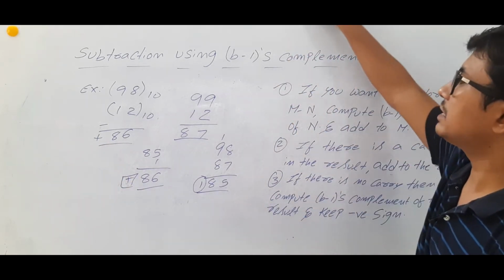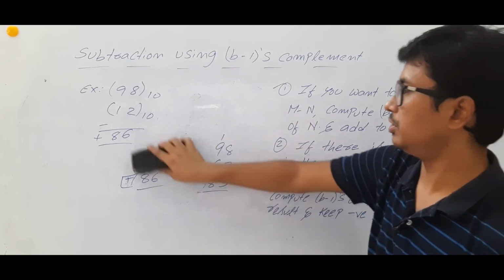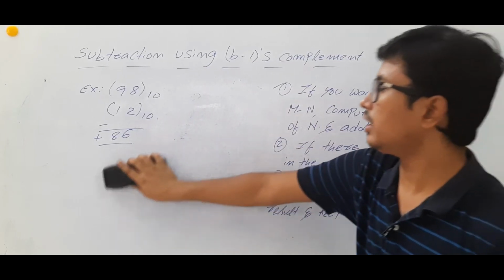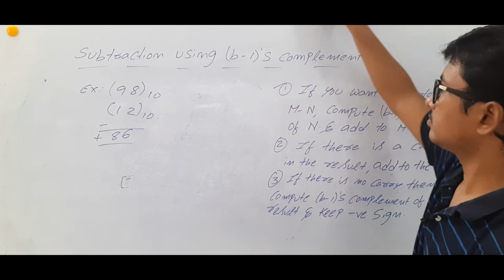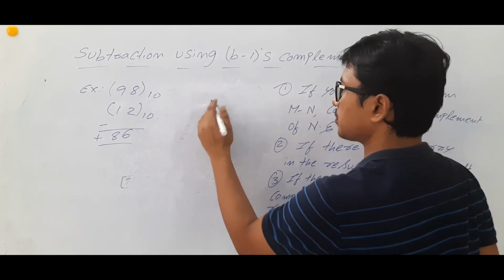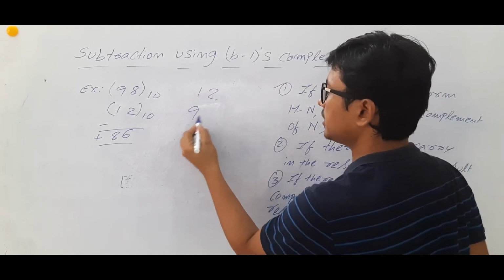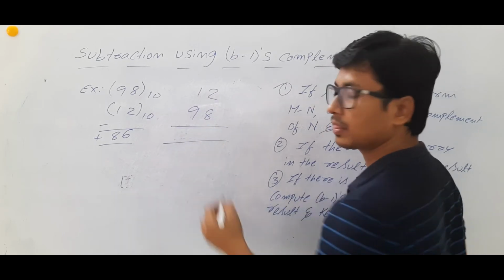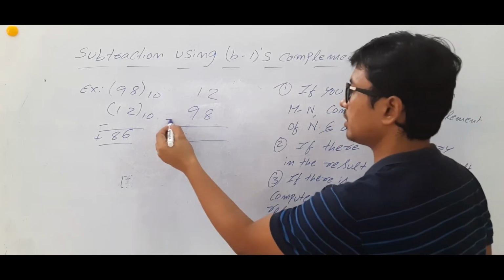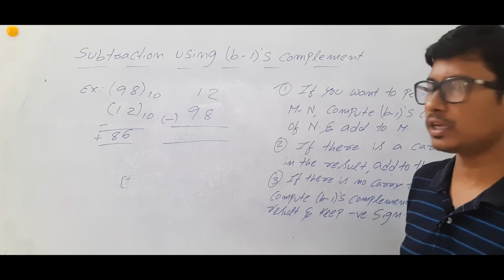Okay. Now we will discuss another example. Now what I will do is perform the reverse process. I want to perform 12 minus 98. Then we will discuss what will happen. So first, what should I do?